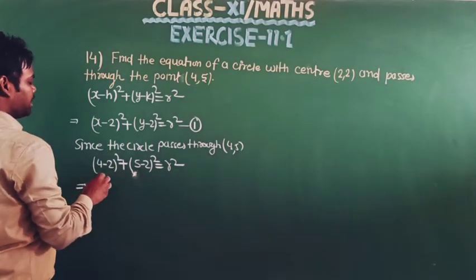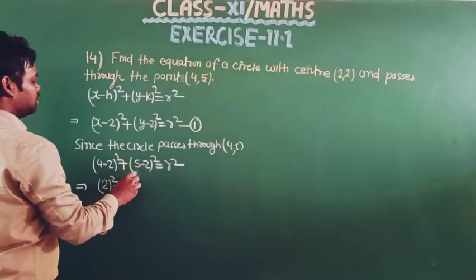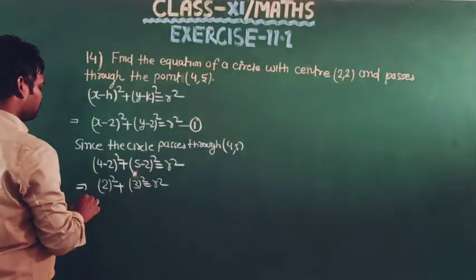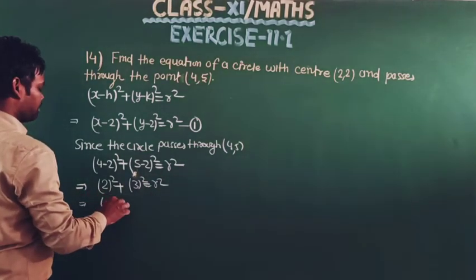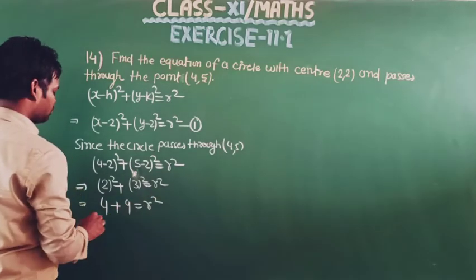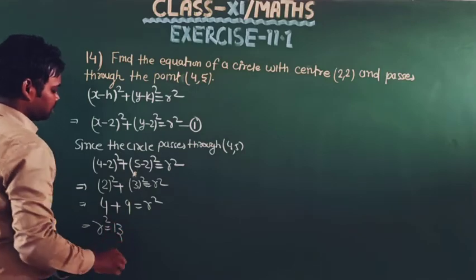This implies 2 whole square plus 3 whole square equal to r square, that is 4 plus 9 equal to r square, and this implies r square equal to 13.